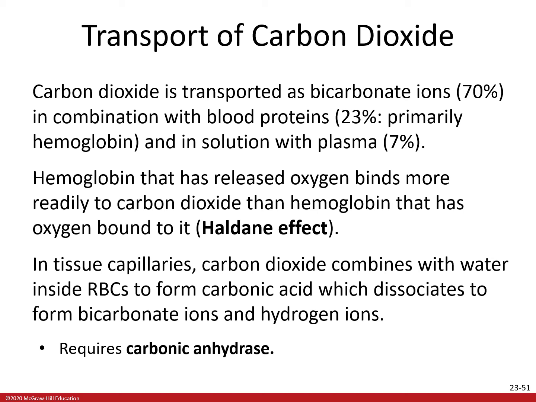The second, about 23%, is bound to hemoglobin and transported. And the third, about 70%, what's left, is converted to bicarbonate ions. The reason we are transporting carbon dioxide is very important: too much carbon dioxide causes the pH in our blood to decrease and thus become more acidic.